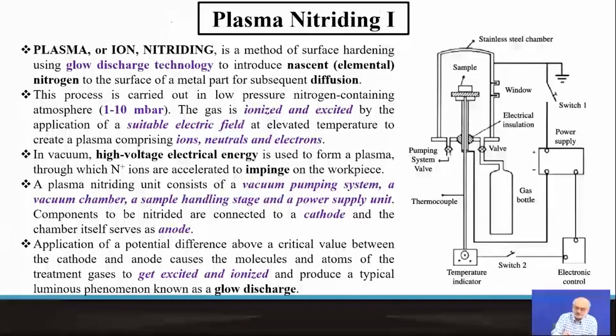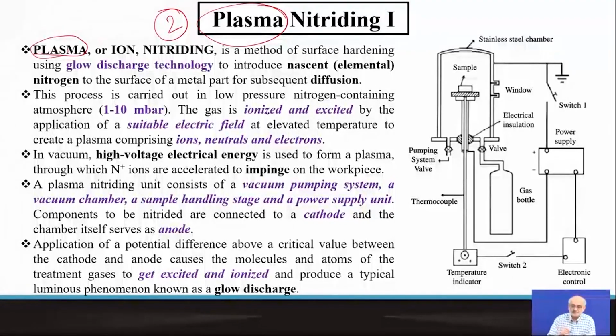So in this lecture, we are going to discuss the other possibility of nitriding, which is by using plasma. And we'll realize that plasma nitriding scores several advantages over gas nitriding or liquid bath nitriding. First of all, as the name suggests, plasma essentially is a quasi-neutral state with not only the neutrals, the atomic states, but electrons as well as ions.